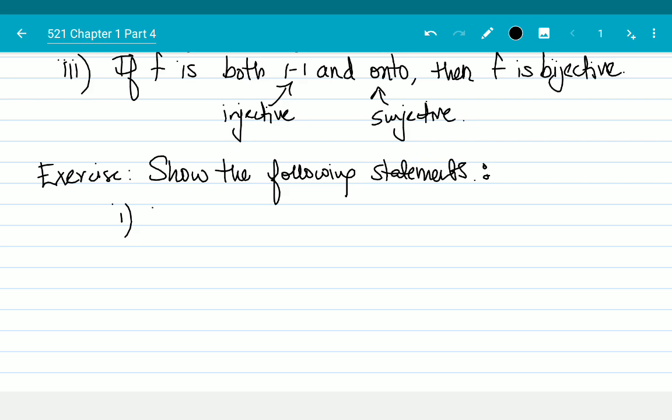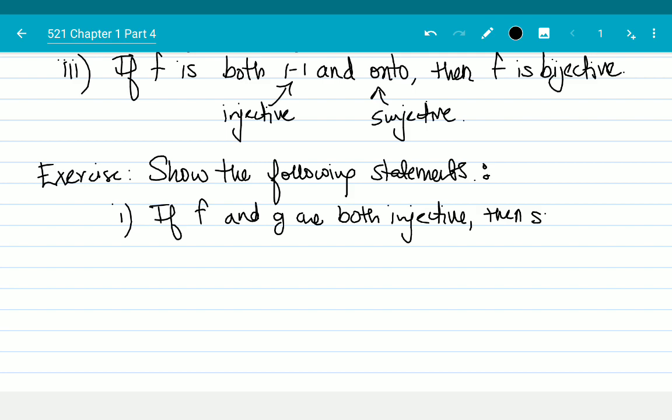First, if F and G are both injective, then so is G composed F. Let me go with G composed F because that is the one I've used before. I'm going to say F from A to B, G from B to C.